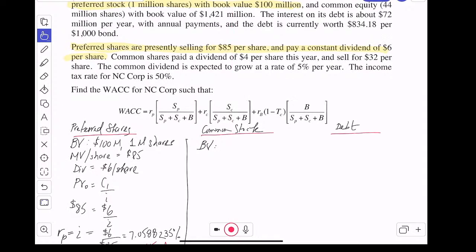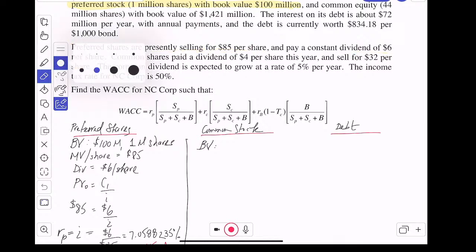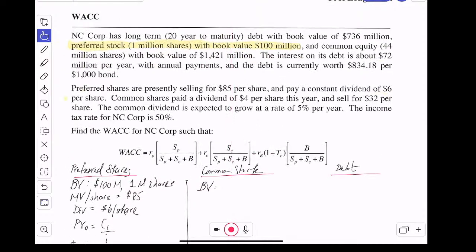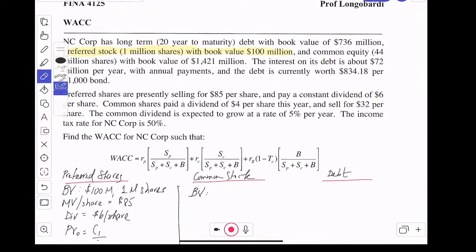So let me erase, and let's highlight the information on common stock. So that's the information on common shares.